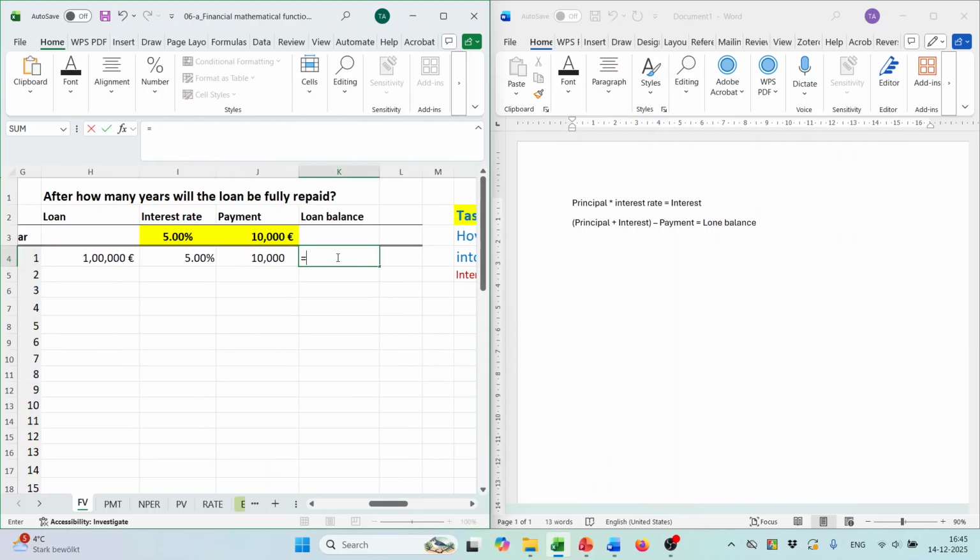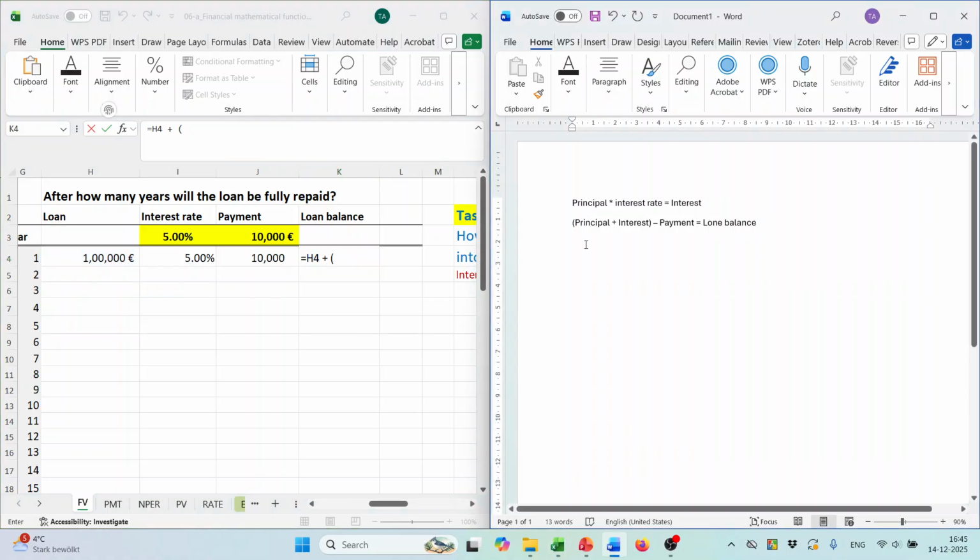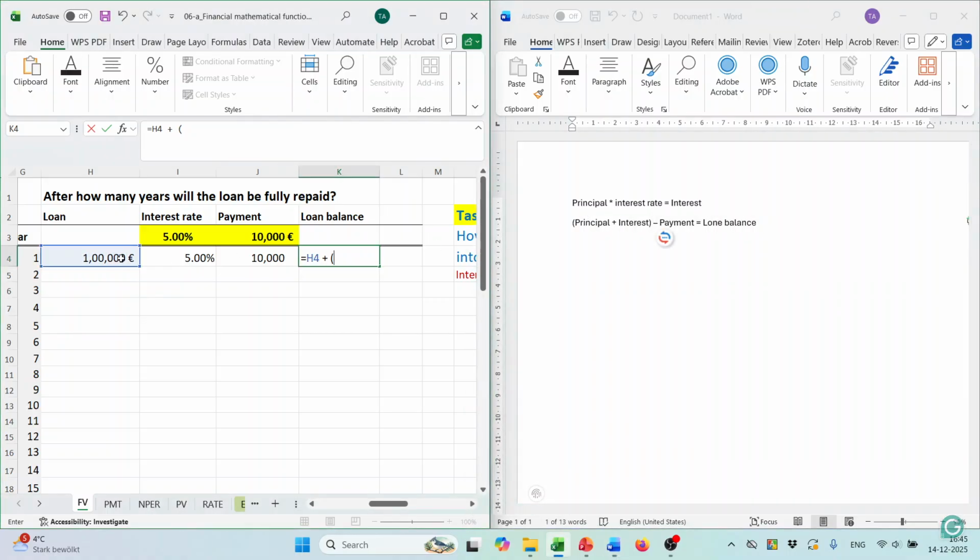First we take our loan principal plus the interest, meaning principal times interest rate, so we get our debt, and then we deduct our regular payment.